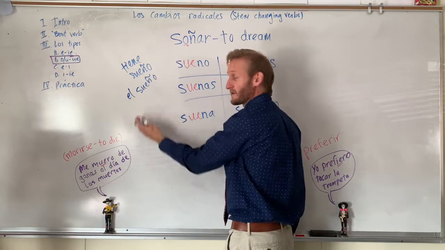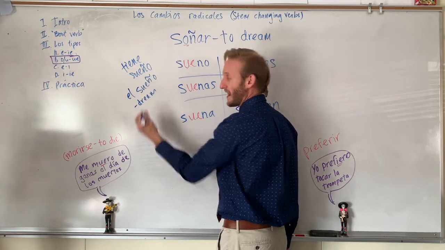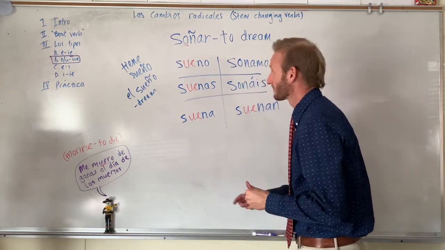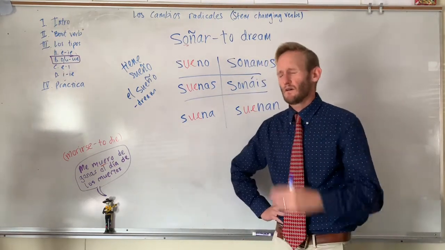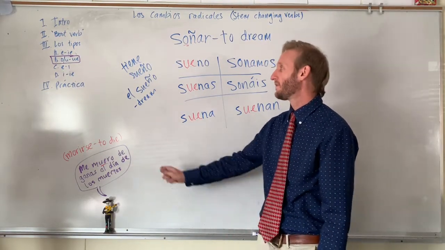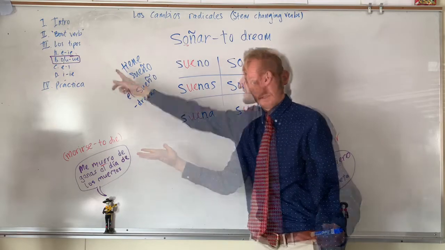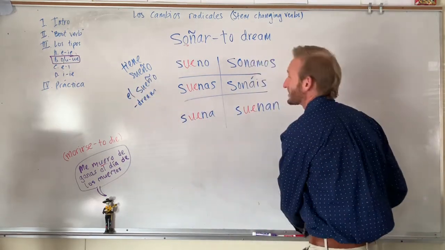El sueño by itself is the noun meaning dream, right? Like oh, tuve un sueño horrible, I had a horrible dream. But when it goes with the stem-changing verb, tiene, tiene sueño, he's tired, she's tired.